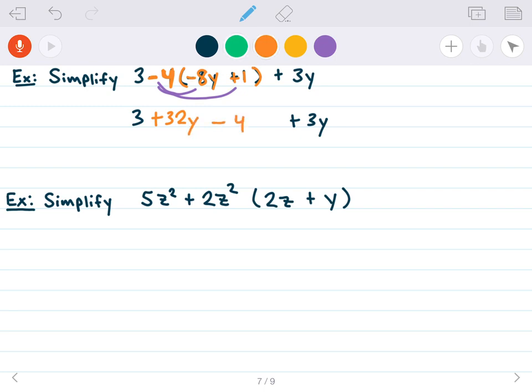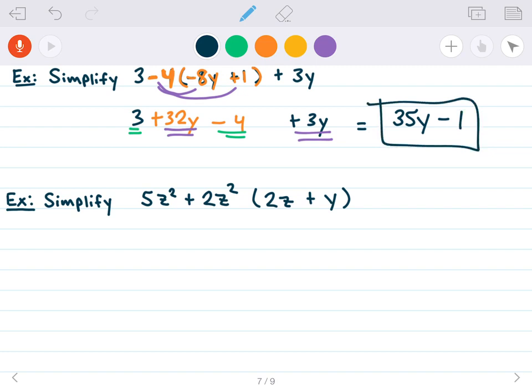And from here, I can combine like terms because I have constants right here, and then I have y terms right here. Okay, so 32 plus 3 is 35y. All right, so this becomes 35y and then negative 1. And that's my answer.